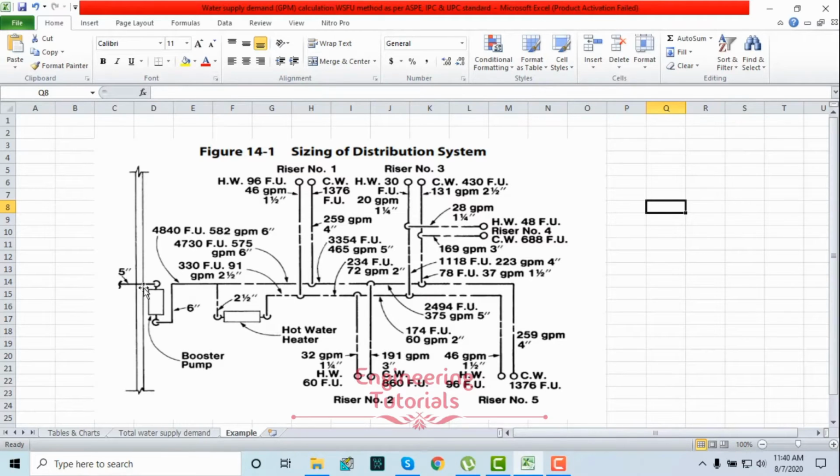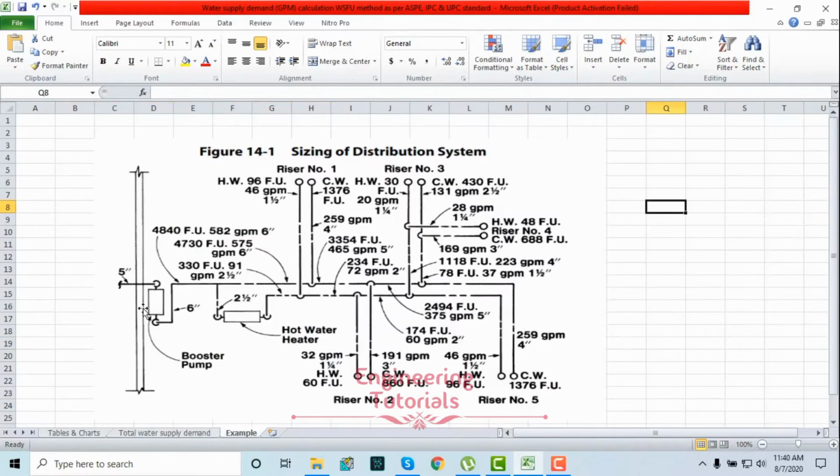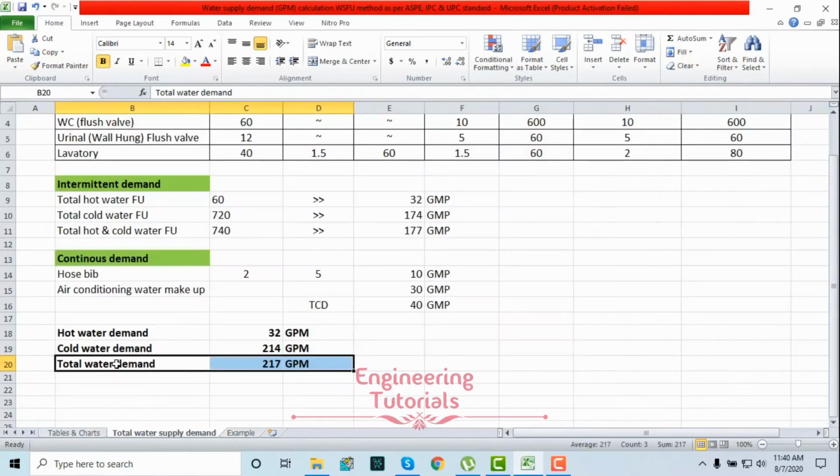you will see this is our service main. We are going to do the service main pipe sizing based on our total water supply demand required, that is this value.